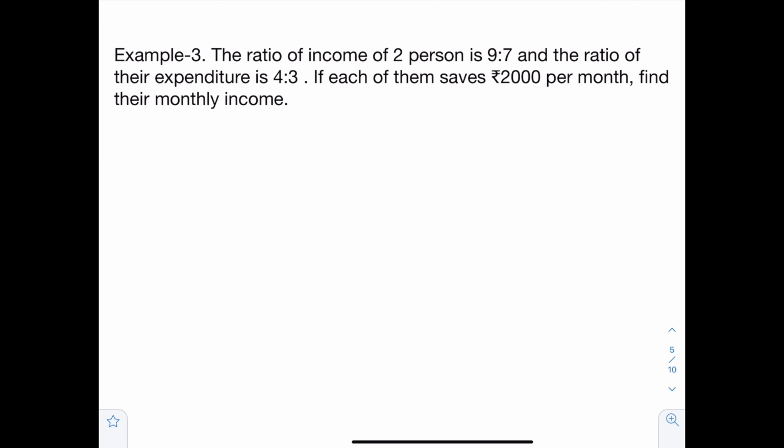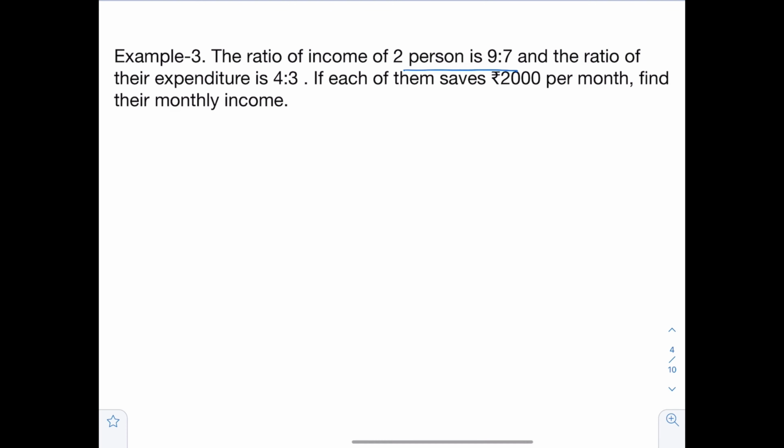Now example number 3rd. The ratio of incomes of two persons is 9:7, and the ratio of their expenditure is 4:3. If each of them saves rupees 2000 per month, find their monthly income.